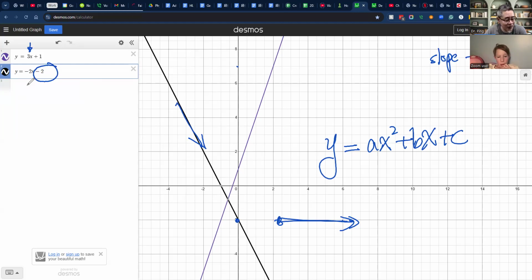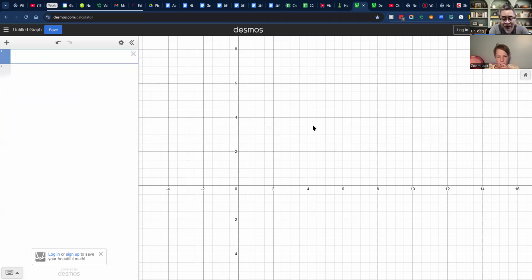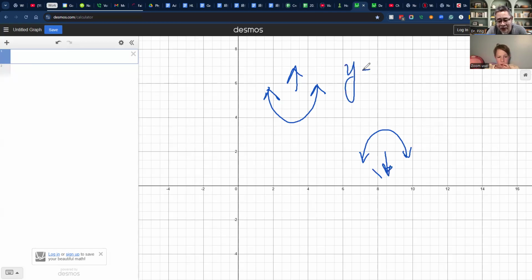Okay, that's pretty much what we know about the linear functions. Now, quadratic functions, we know that it has to open either this way or this way. Now, what determines going up or going down? That has to do with this a, the first coefficient.